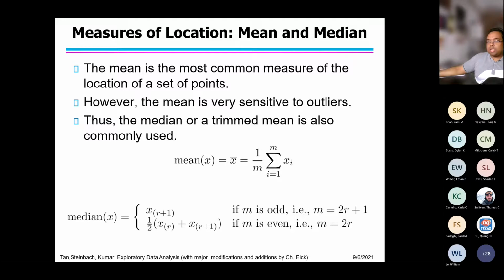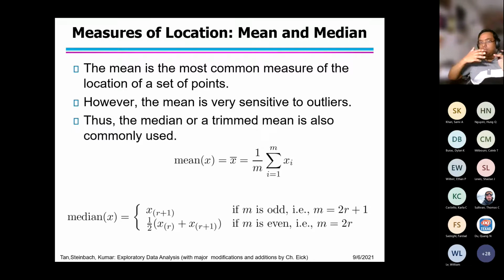Whether you're doing clustering or classification or any kind of task where you need to figure out how the interior of your data is structured with respect to other parts of your data, you need means and medians.